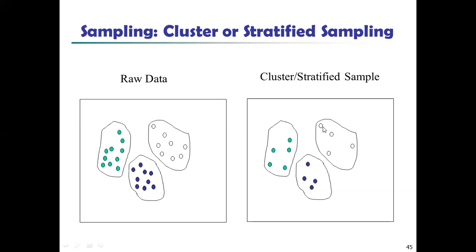For example, in the place of this corner you consider this one, and here you have the 2, in the place of 2 you consider 1. Here you have the 3 that you consider as 1. This is the cluster and the stratified sample.